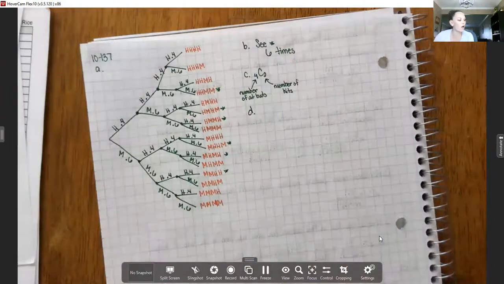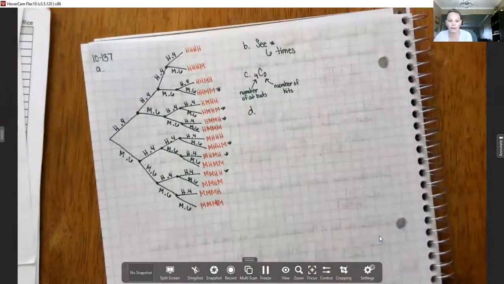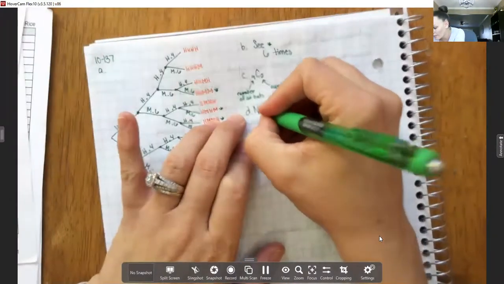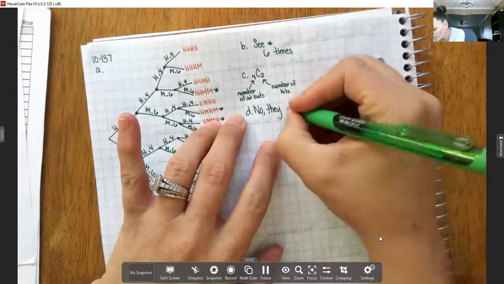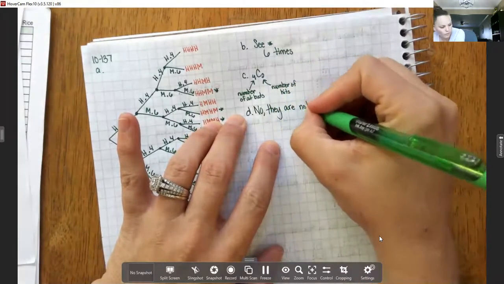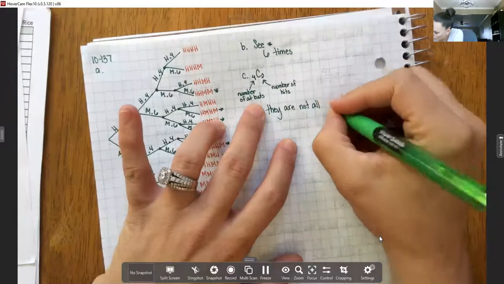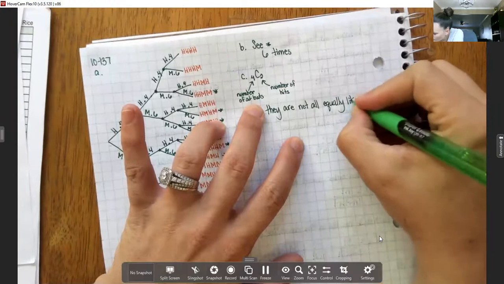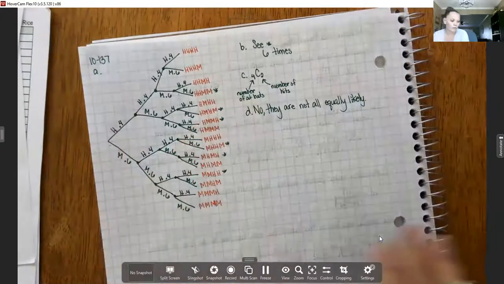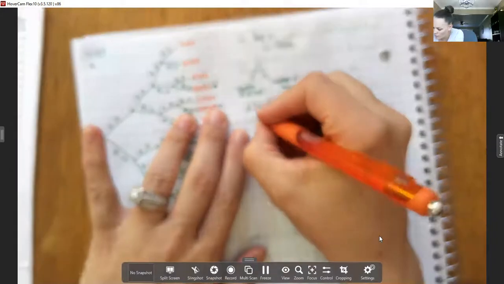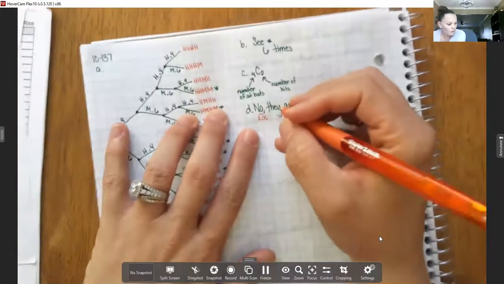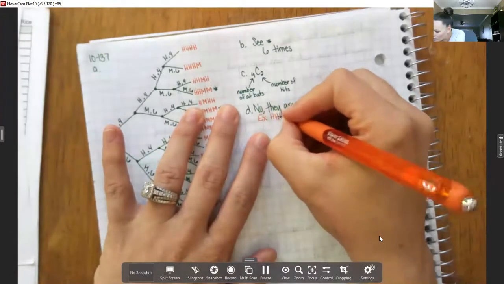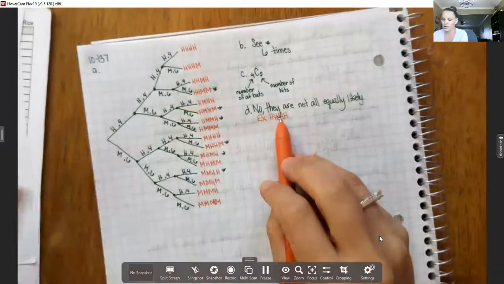Part D says, are all of the possible outcomes equally likely? And no, these are not all equally likely. For example, H, H, H, H. So 4 H's, that gets marked there, sorry.